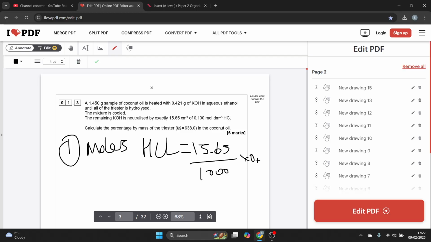Molar concentration and volume. That will give me 1.565 times 10 to the power minus 3.